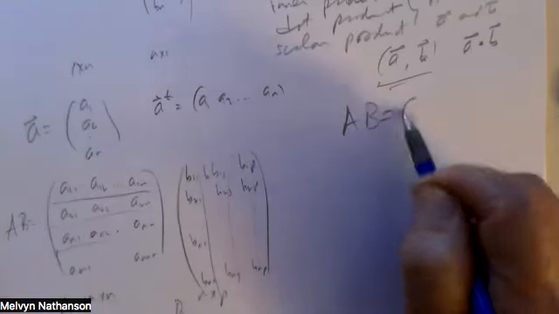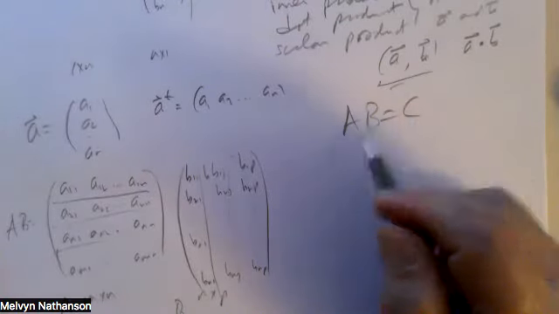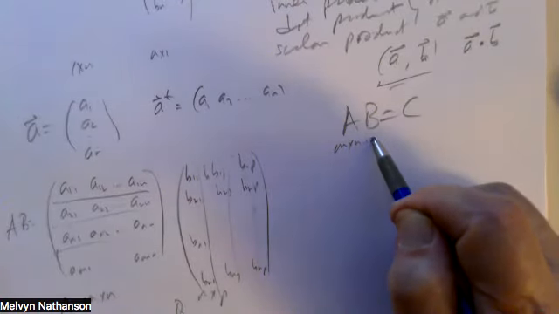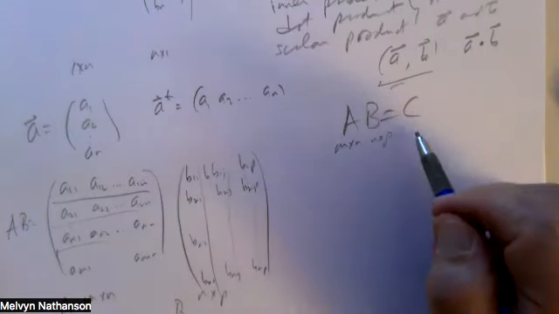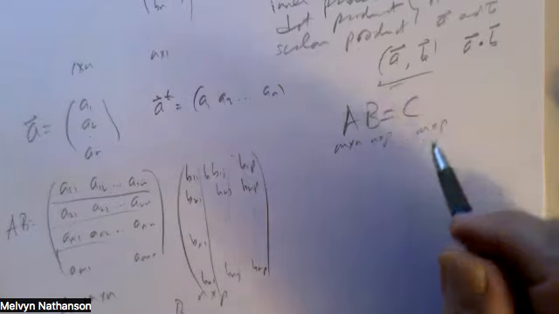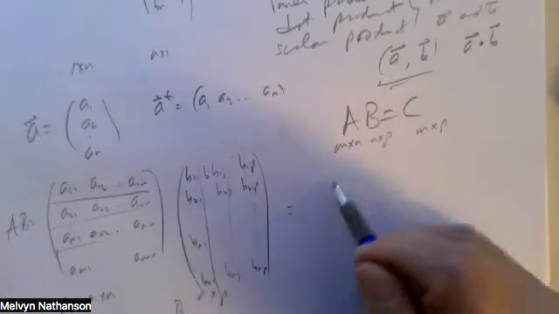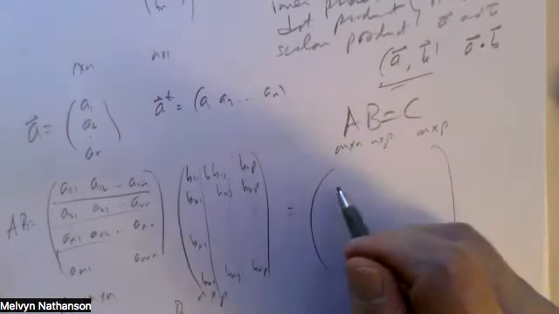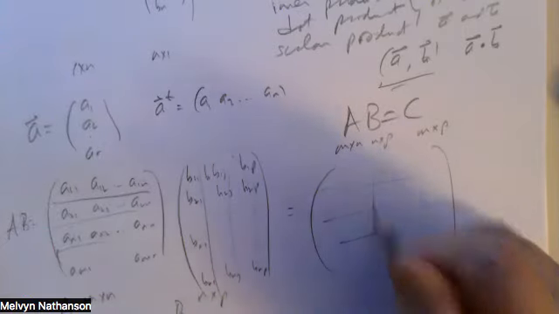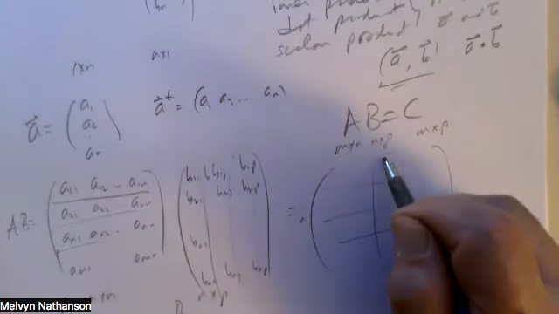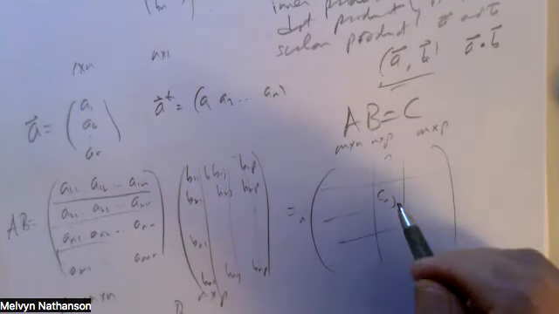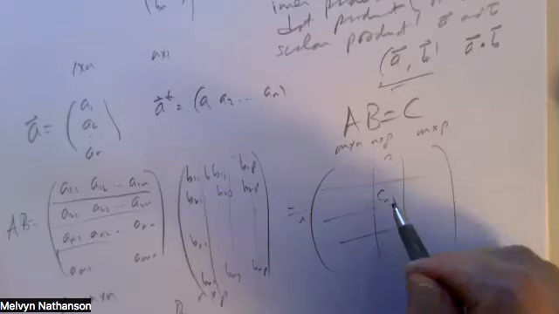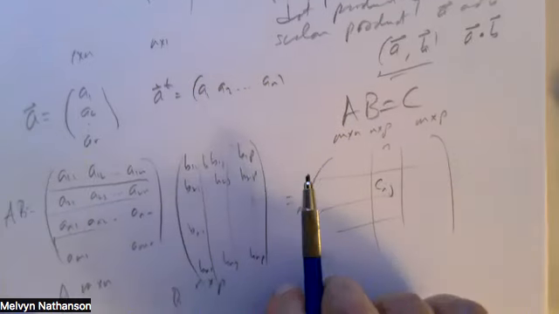And if we're going to define AB equals C, so this is m by n, this is n by p, and the matrix C is going to be, the n's cancel, an m by p matrix. And in this matrix, if you take the ith row and the jth column, that's called the entry Cij. What is the ijth component of the product matrix?